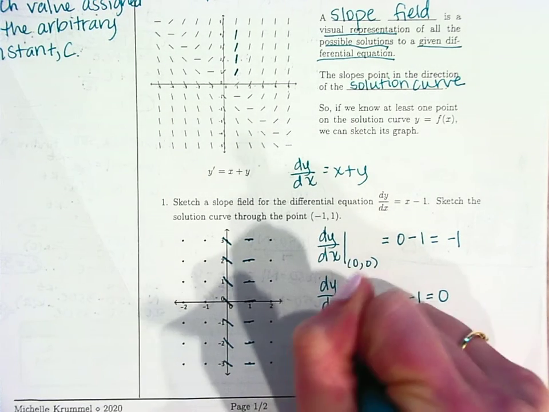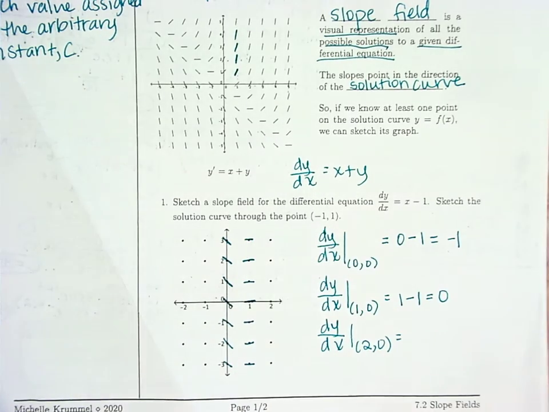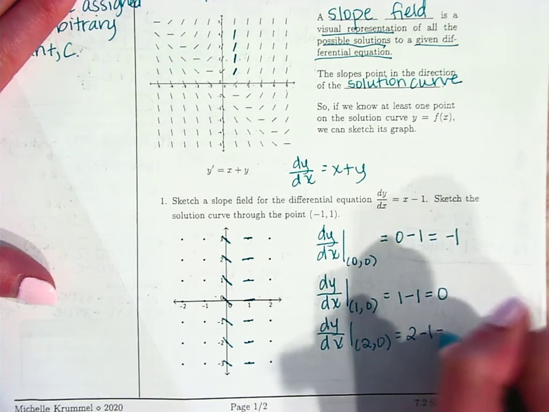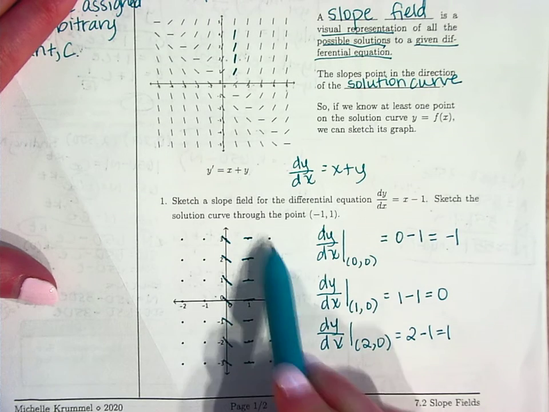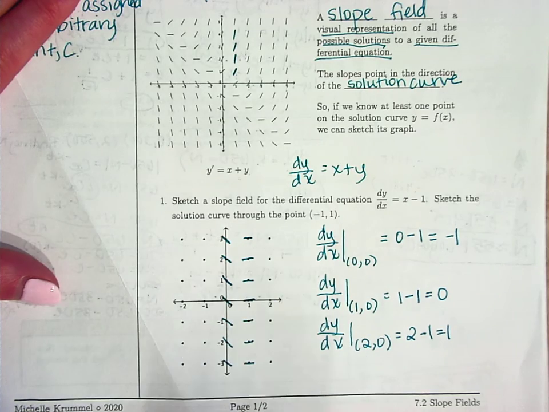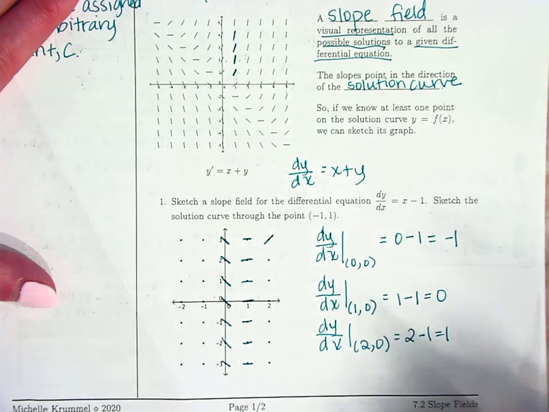Let's find what the slope is when x is 2. Okay. So 2 minus 1, the slope at all of these points is going to be 1. So a line segment that has a slope of 1 might look like this.